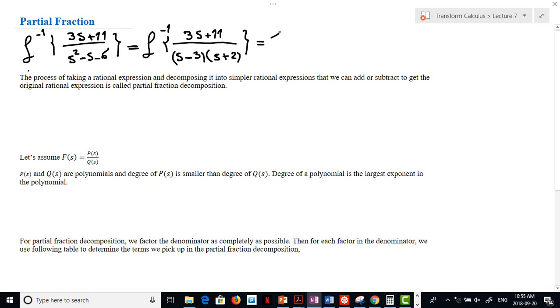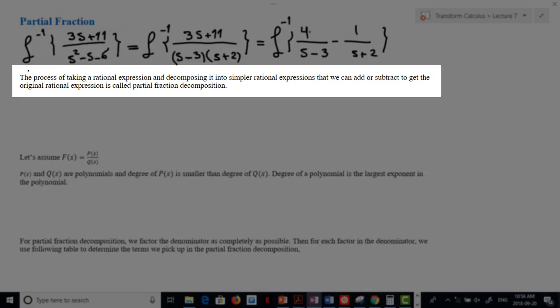And then we found its partial fraction. So we said it's equal to Laplace inverse of 4 divided by (s minus 3) minus 1 over (s plus 2). Now we can easily find Laplace inverse of this function.